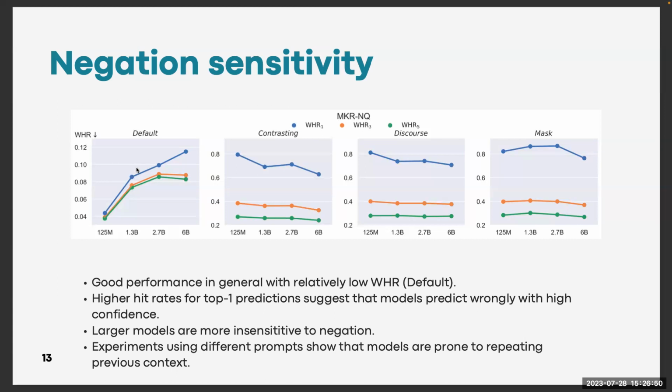One reason is that I guess larger models tend to memorize the training data more. If they memorize the data more, then they just repeat the common patterns found in the training data, which makes the model kind of insensitive to negation.